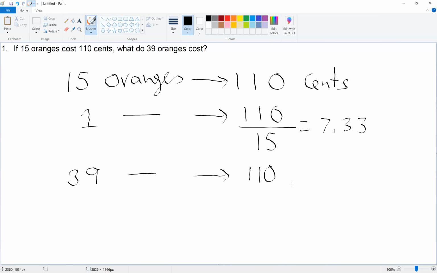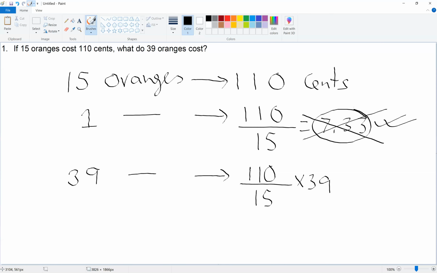So first of all, don't calculate this in the middle. Waste of time. And then just simply multiply. It's not exactly correct, right? It's 7.3333 never ends. So if you use this to calculate, your answer will be off.